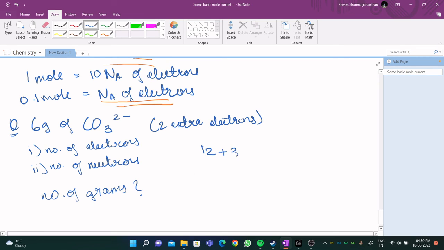Then we have three oxygens, which is 16 into 3, 48. That gives us 60 grams per mole. Now, number of moles will be 6 by 60. We have 0.1 mole. Right.